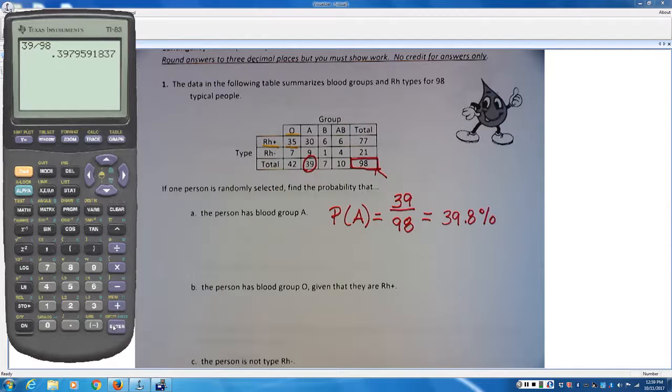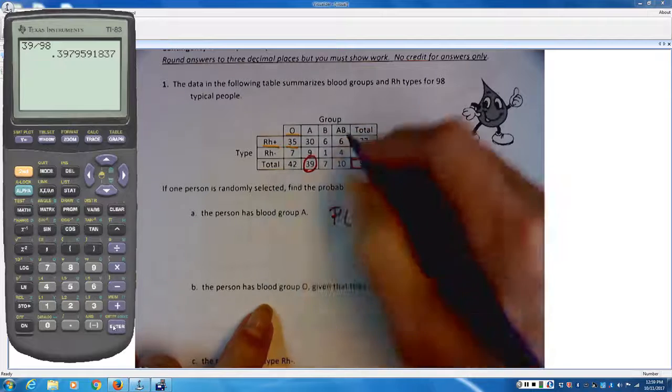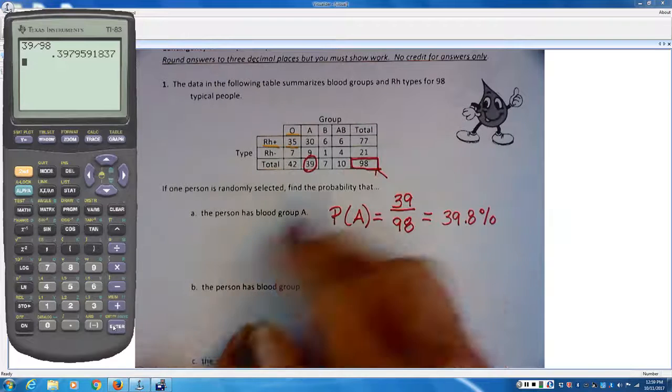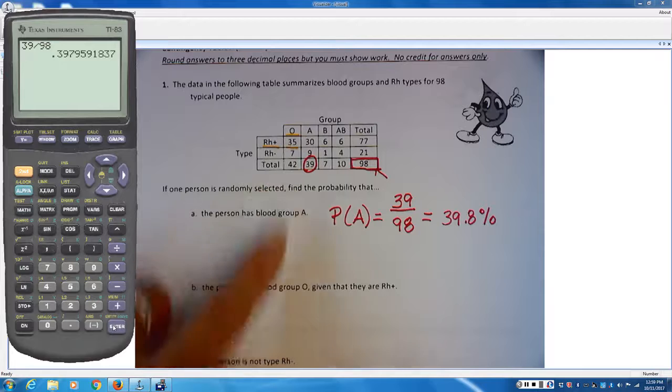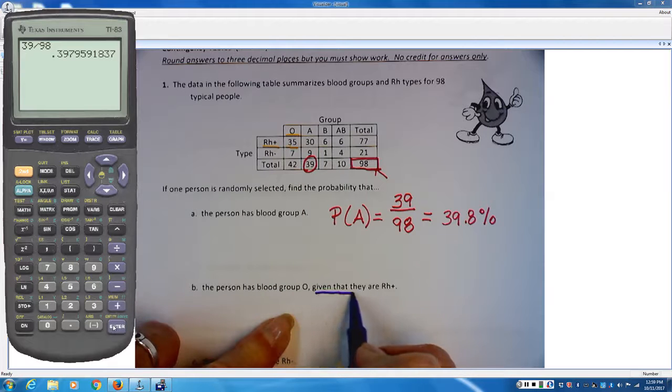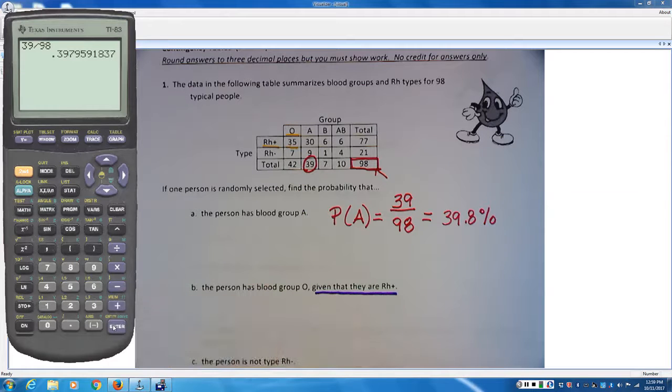Now our second question says: what is the probability that a person has blood group O, given that they are Rh positive? There are a lot of people that have type O blood, 42. But this statement right here is very important because it says, given that they are Rh positive.